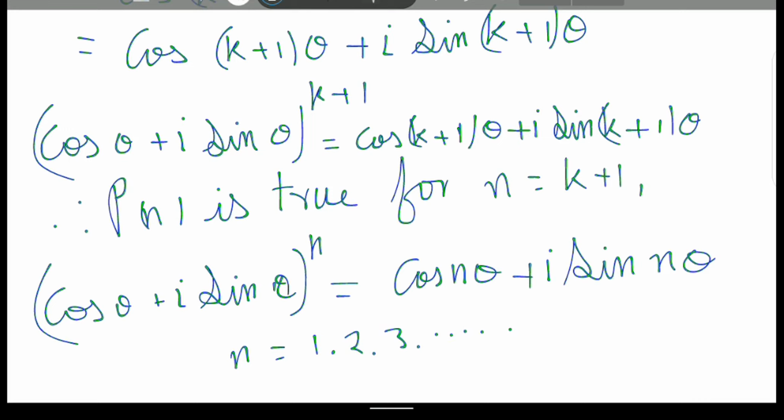So we have proved that de Moivre's theorem is true for n equal to 1, 2, 3, and so on. We can also, by reciprocating, prove that de Moivre's theorem is also true for negative n. That means de Moivre's theorem, of course, for n equal to 0, is obviously true.